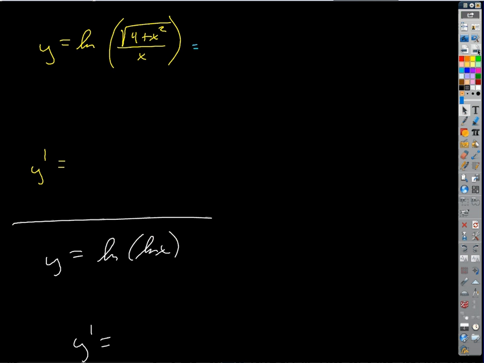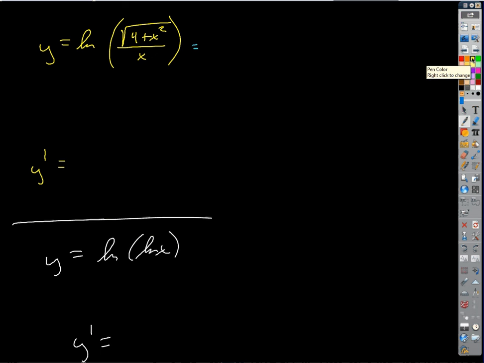What about this one? We're definitely going to want to simplify if we can, untangle that thing before we try to differentiate. So I've got a quotient, don't I? Okay, so what am I going to get on top here?